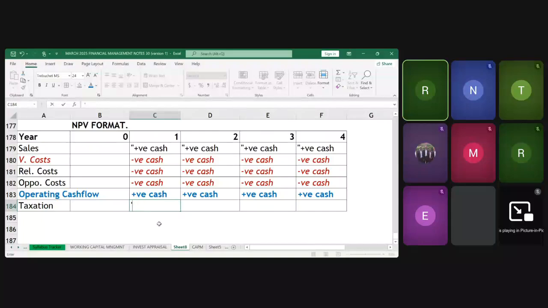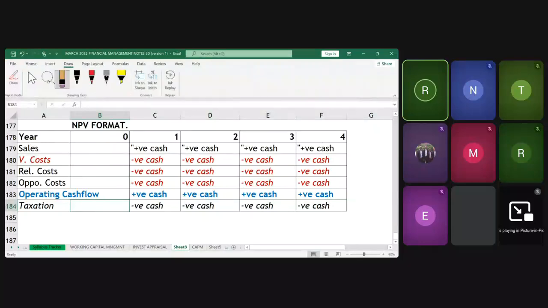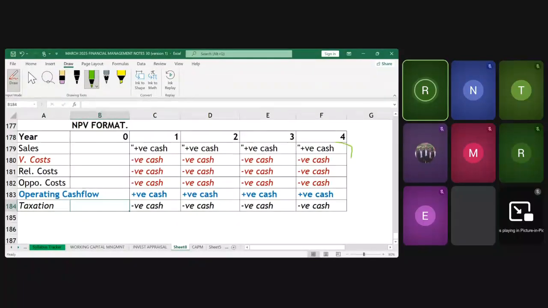Once you have done this, your operating side or revenue side is done. This top part is the operating or the revenue side.